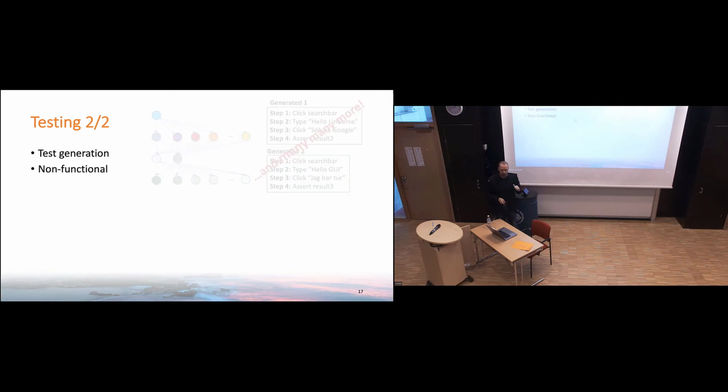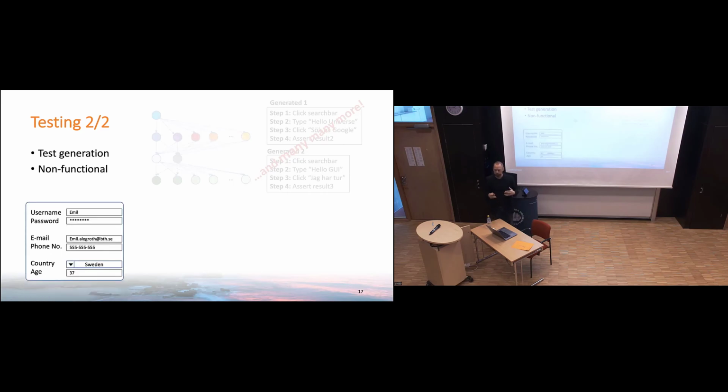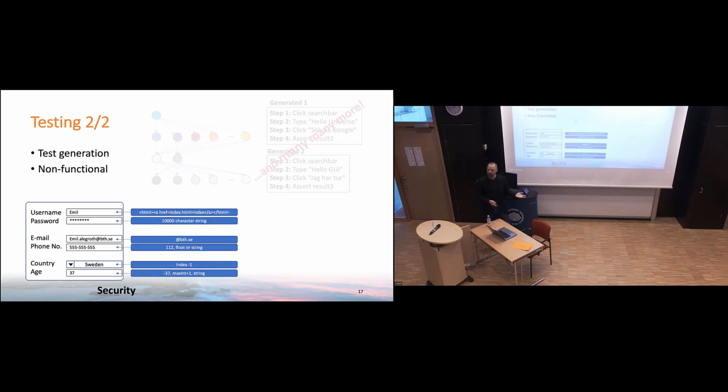Finally, non-functional aspects. And these non-functional aspects then relate to things like security and performance. So an example here would be, let's say we have a form that we want to fill in with name and phone number, etc. What we can do here from a GUI level of abstraction is to record what the user inputs, modify it, and then replay it with other inputs to see if there are any security vulnerabilities.